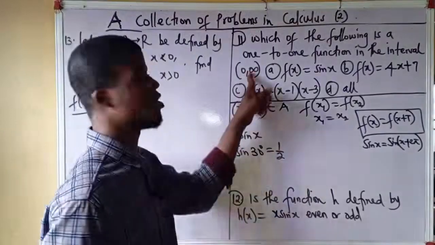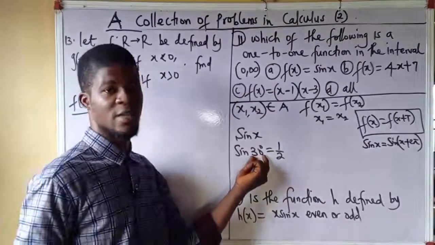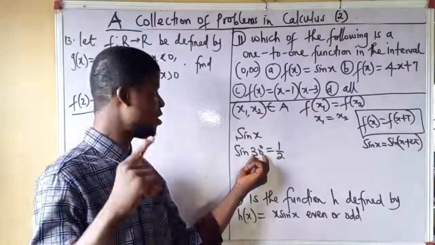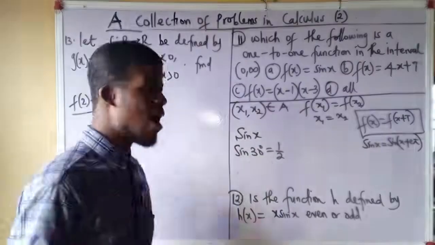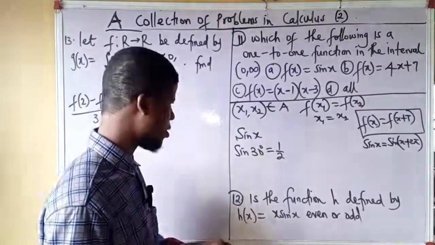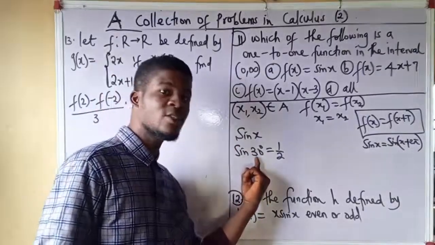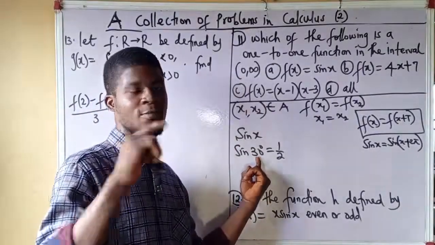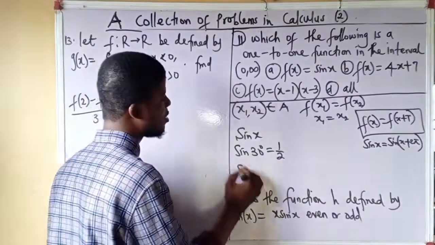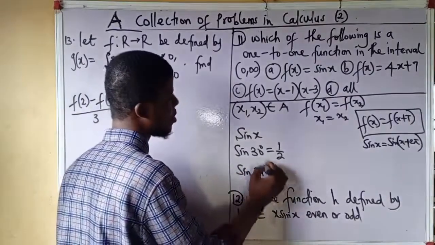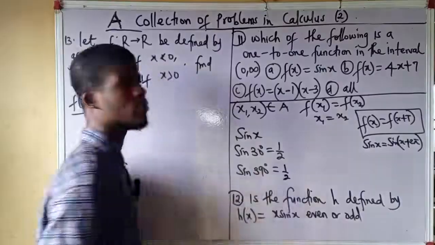Remember, we are working with positive numbers, so I'm dealing with sine 30, which is positive 30. If I add 2 pi in degrees, 360 degrees, to 30 degrees, that would be 390 degrees. Do you know that sine 390 degrees is also 1 over 2?